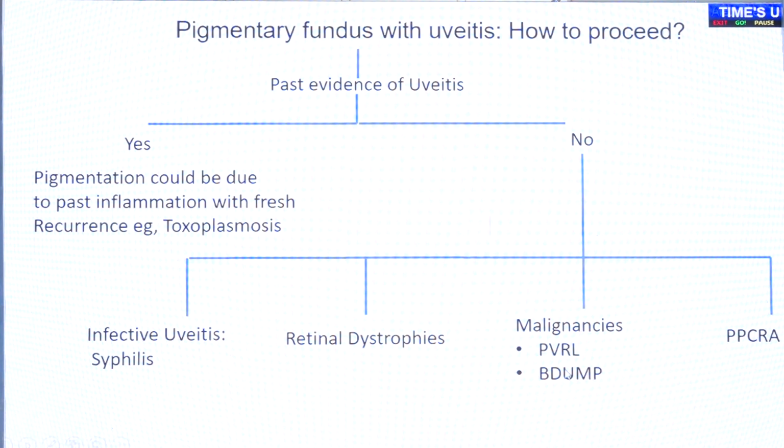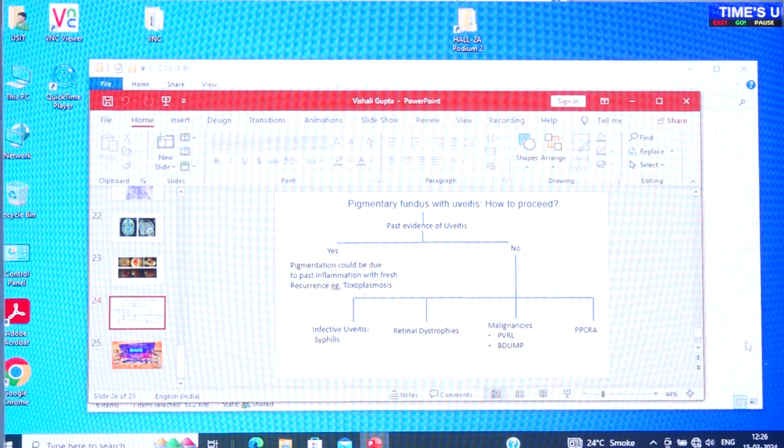Malignancies, PVRL, BDUMP. PPCRA I did not have time to show, but it's a very classical picture, though that is more on autofluorescence rather than showing the gross pigment in the fundus. Thank you very much, Reema, once again for the opportunity.